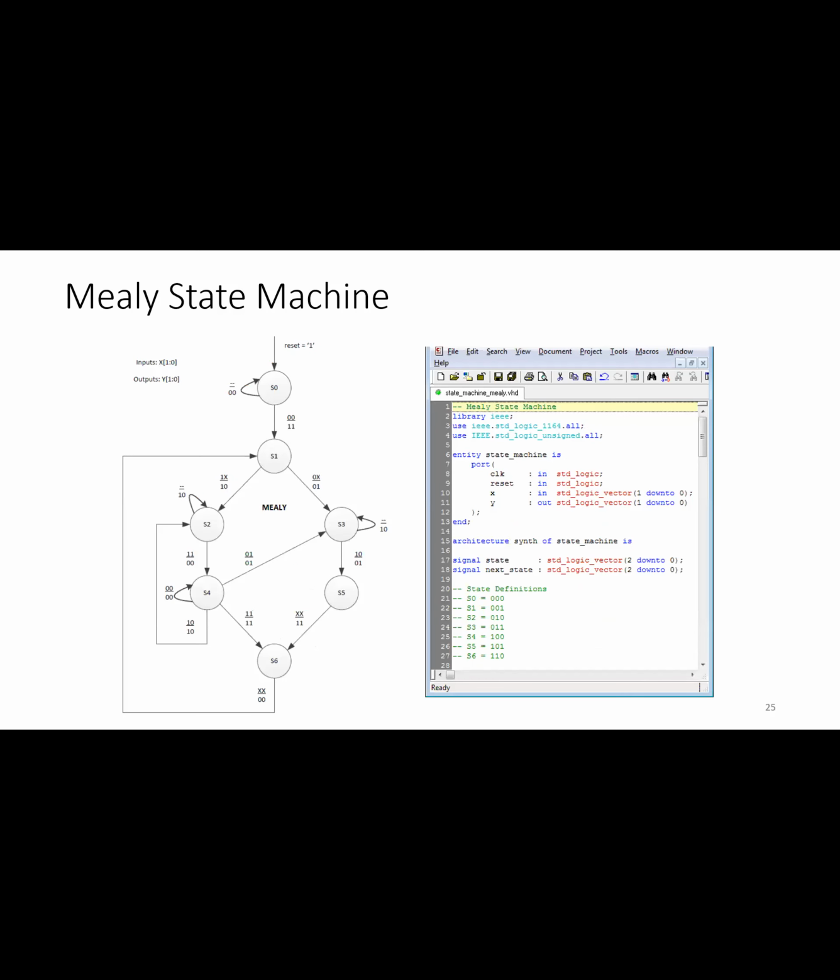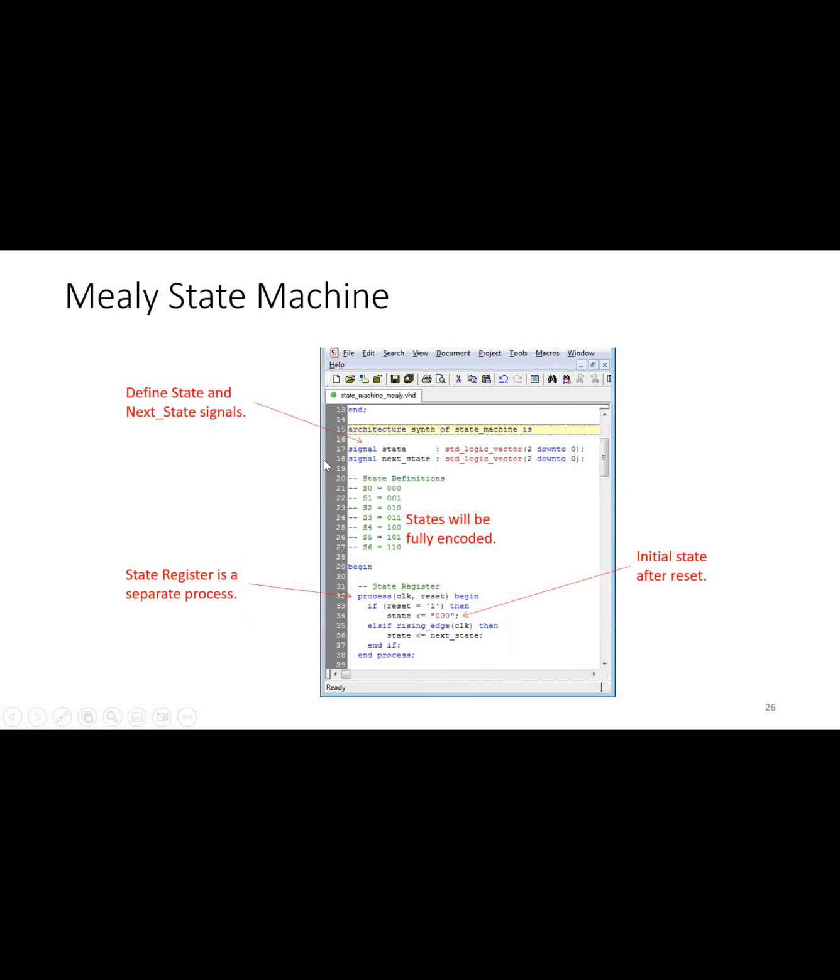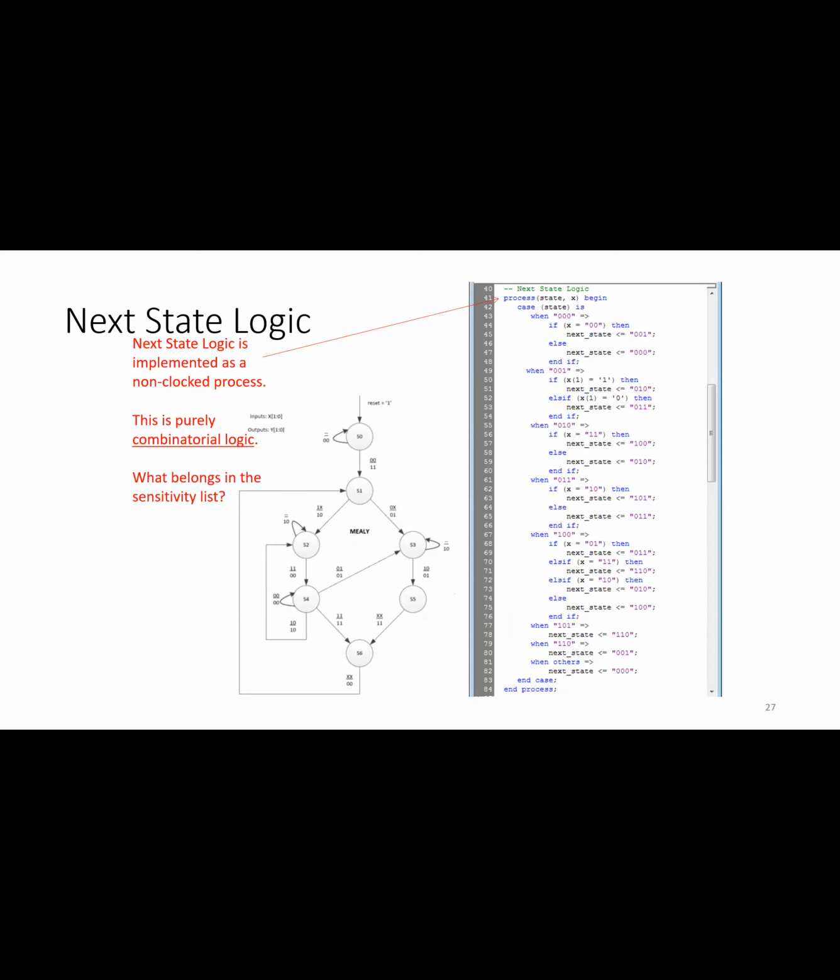For a Mealy machine, as you can see, the input will affect the output. So the output here depends on the state I am at and the input given. So those will determine what will be the output. That's why the next state is the same as the one before.